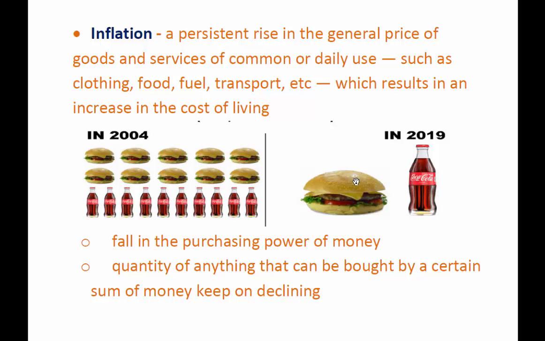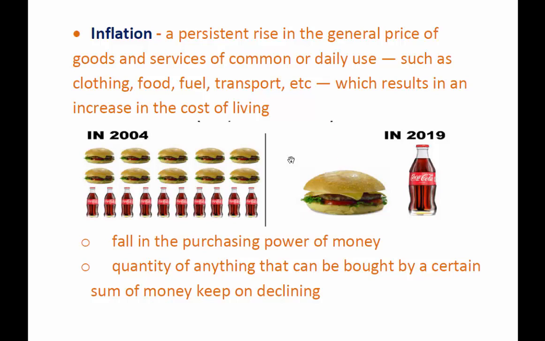I mean, why? What is the reason? It is because of inflation. The price has been raised, the price has been increased. So the result of inflation is that the prices of our daily use commodities, such as clothing, food like burgers and all, even petrol, even our transportation, everything rises, because of this inflation, right?